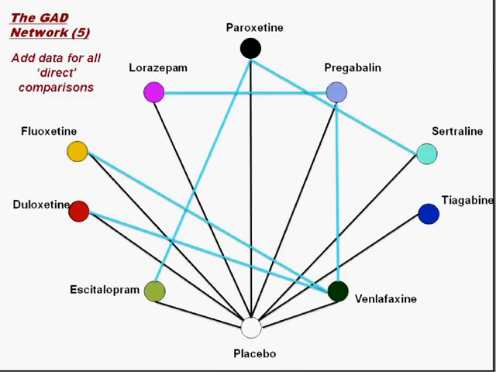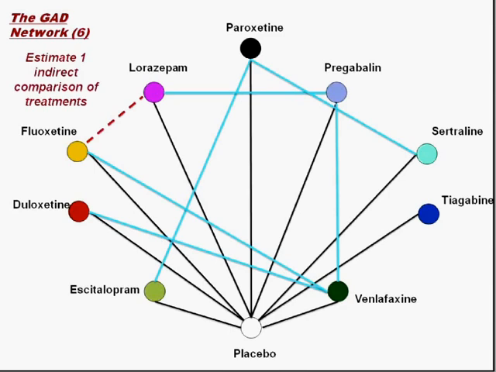The idea now is we also would like to get estimates for the comparisons we don't have data for. So on the next slide, you can see a dashed red line joining fluoxetine to lorazepam. If you think about the triangle from fluoxetine to placebo and placebo to lorazepam, you can see how we might derive an indirect comparison for those treatments using that as a common link.